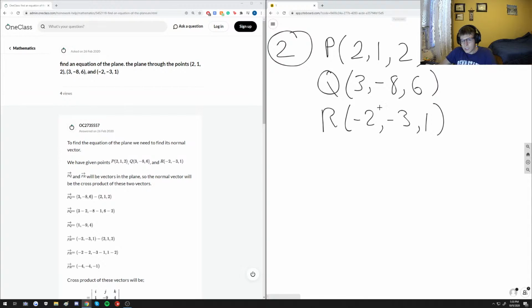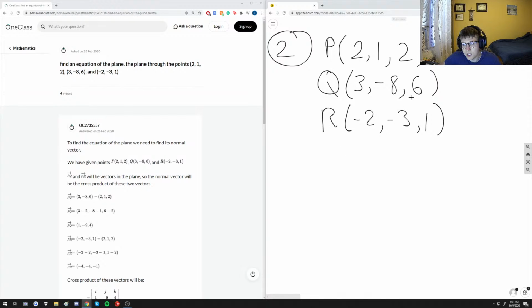So to find the equation of the plane, we know that this plane is going to contain all 3 of these points. The other thing we know is that there is going to exist some sort of normal vector. So this vector is perpendicular to the plane that contains these 3 points. In order to find what that normal vector is, and we do need it for actually getting the equation of the plane, we're going to take 2 lines.